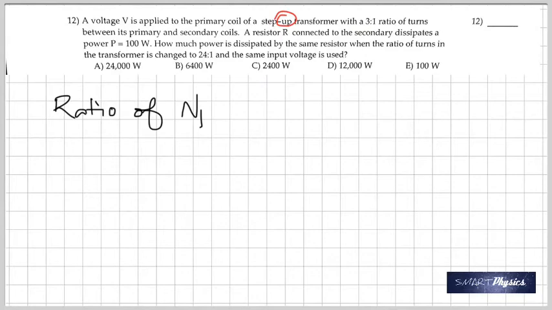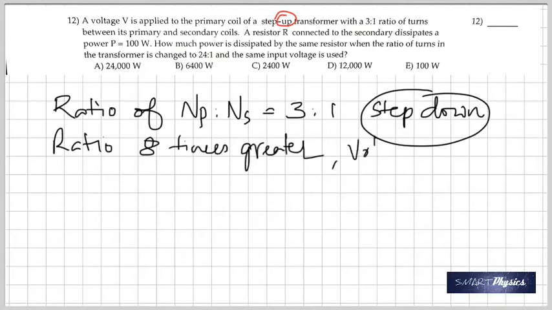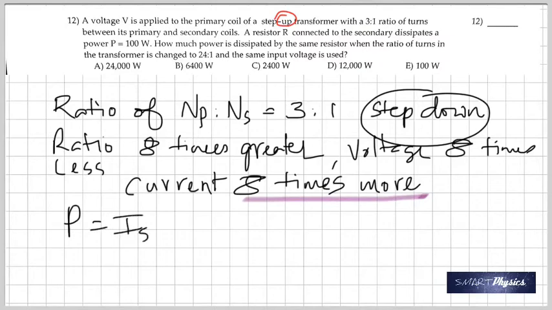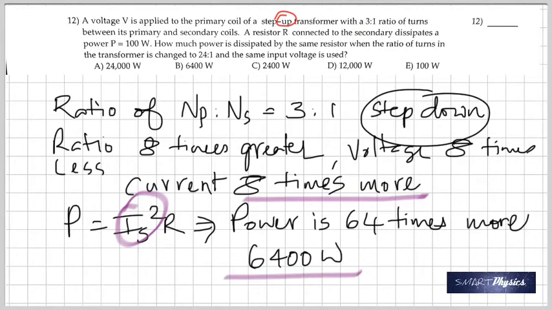Now when the current increases 8 times, the power increases 64 times, because power is I squared times the resistance, and the square of 8 is 64. Voltage is 8 times less in the secondary, current is 8 times more, and therefore the power, which depends on the square of the current, is 64 times more than what it was before. It was 100 before, so it's 6400 watts finally.